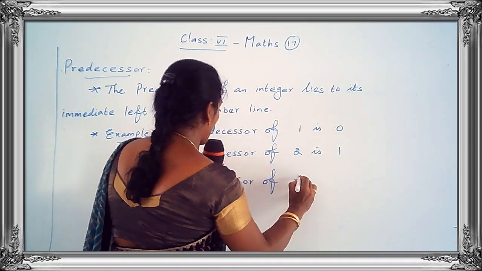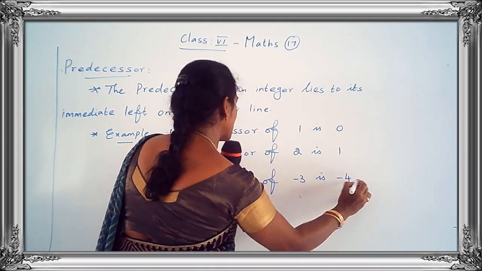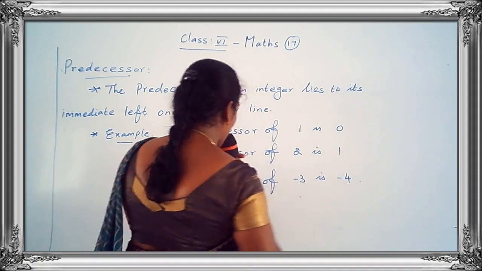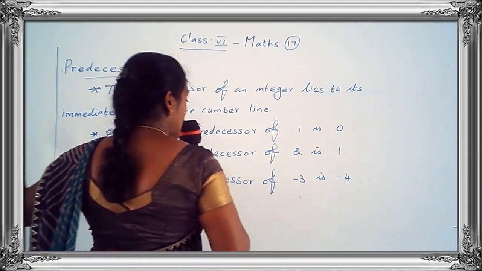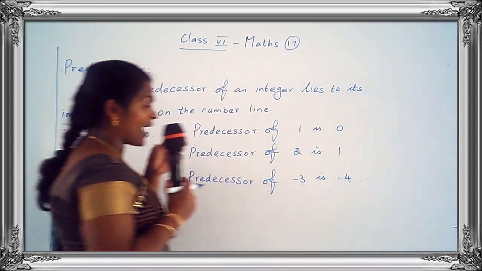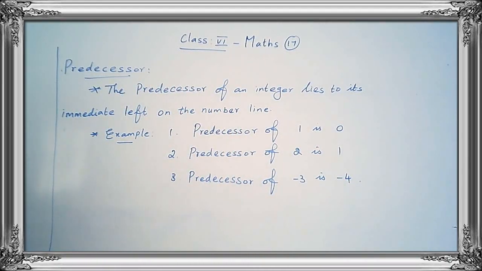Predecessor of minus 3 is minus 4. Yes children, predecessor of minus 3: here minus 4 lies on the left side of minus 3. So that's why the predecessor of minus 3 is minus 4. Okay children, clear?